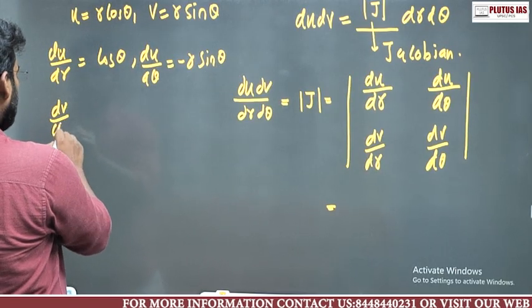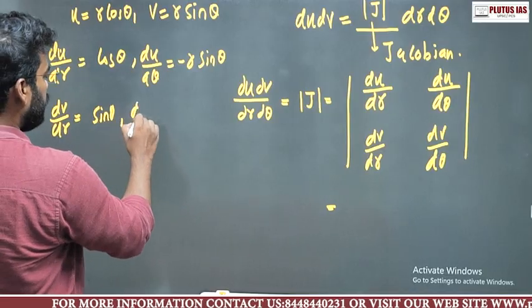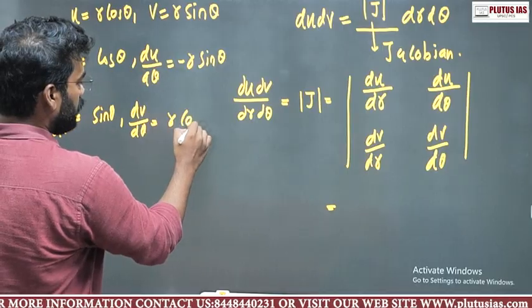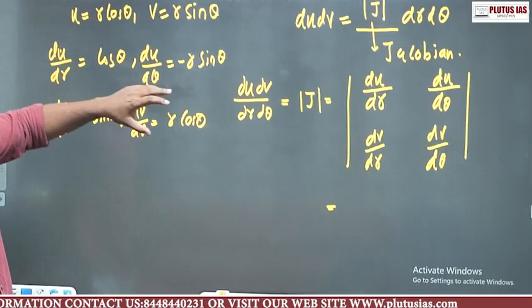Similarly, dv by dr will be sin theta and dv by d theta will be r cos theta.